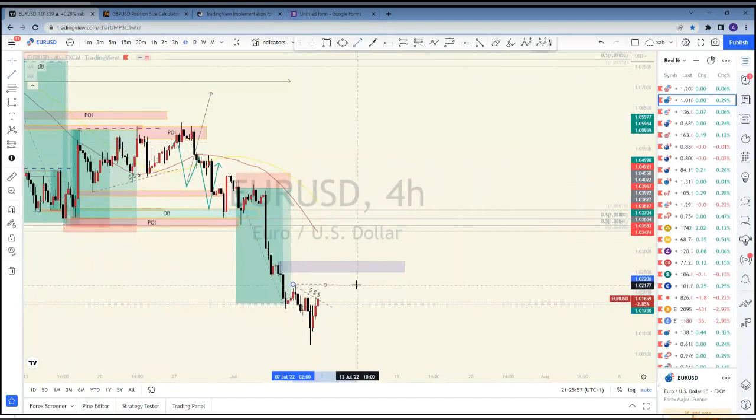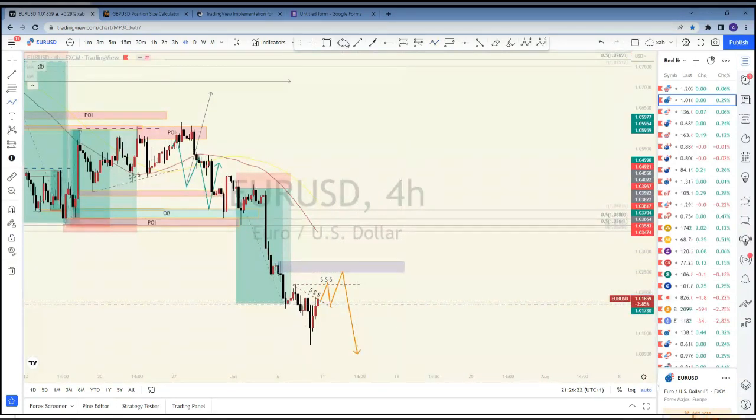Maybe we also get equal highs liquidity there too, and price comes this way, and then we can go lower.